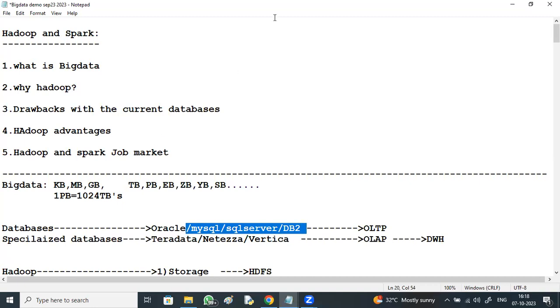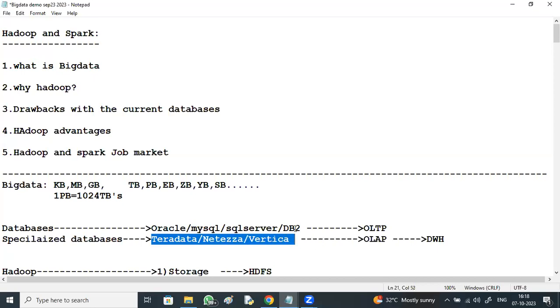And we have got some specialized databases for data warehouse purposes, like Teradata, Netezza, Vertica. All these are databases used for data warehouse purposes, for OLAP operations. But these databases and specialized databases can handle data up to some extent only, like GBs or even TBs, right? Beyond that, they cannot support the data.